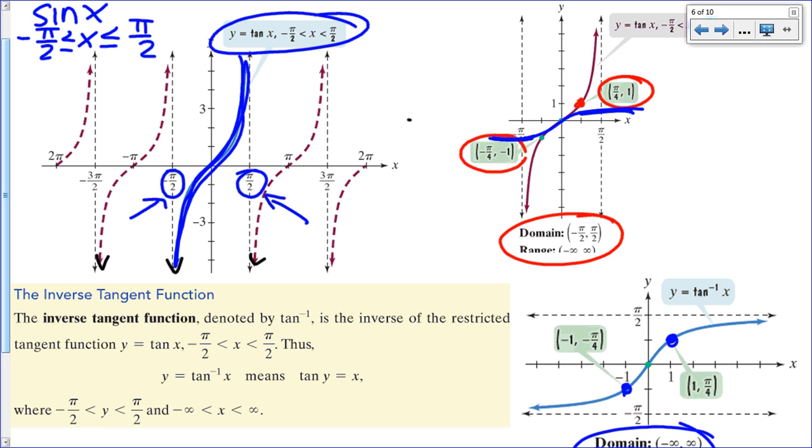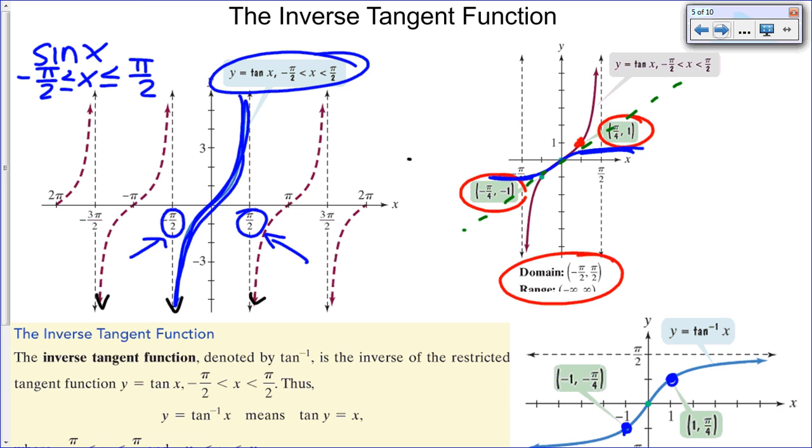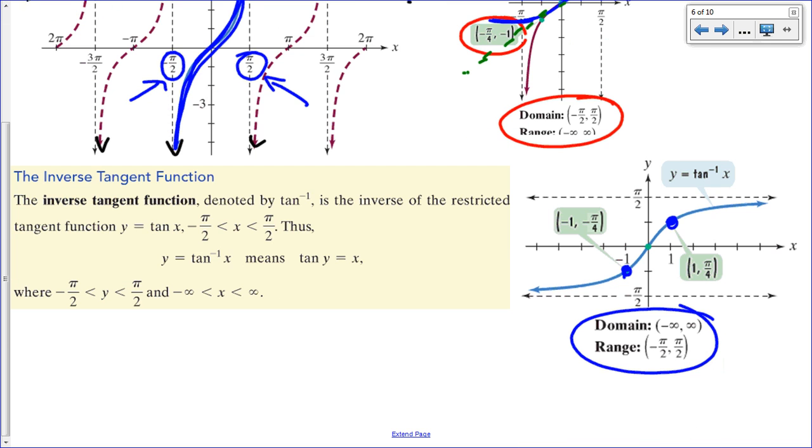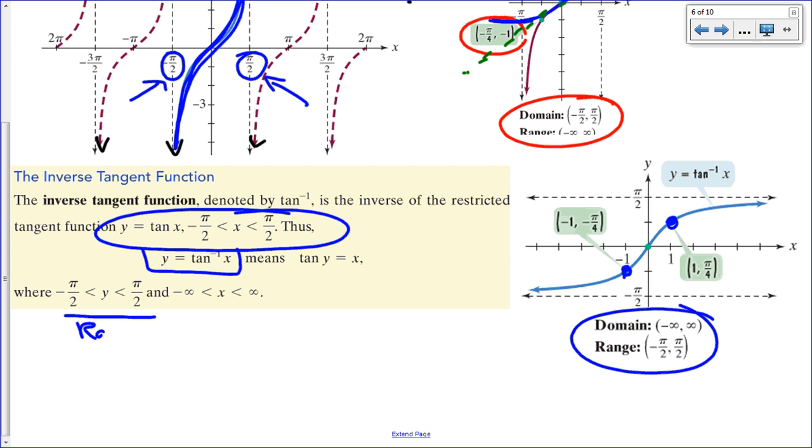Okay, so it will be something like that. They are reflected across this very famous line. What do we call this line? Identity function. All right. So let's go ahead and get to the questions. You guys get the idea, right? We restrict tangent, so because of that, for tangent inverse, this will be the range, and this will be the domain.